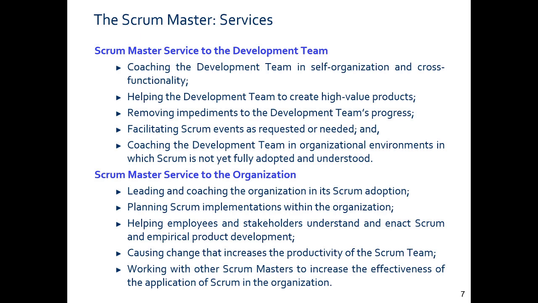Scrum events means the sprint execution, the sprint review, the sprint retrospective. This can be called Scrum events. And after all the events are over, there is a celebration: yes, we have done this.